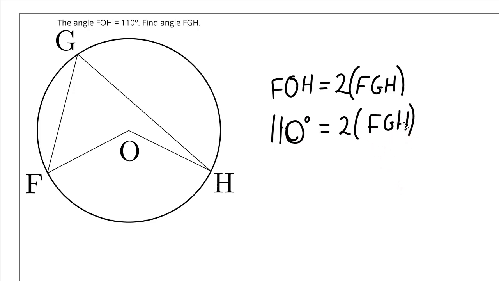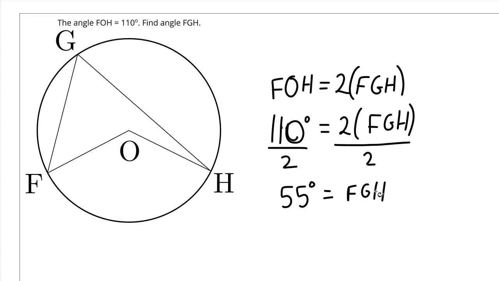Now to get FGH on its own, we divide both sides of the equation by 2. And 110 divided by 2 is 55 degrees. 2 loads of FGH divided by 2 is FGH. So, the angle FGH is equal to 55 degrees.